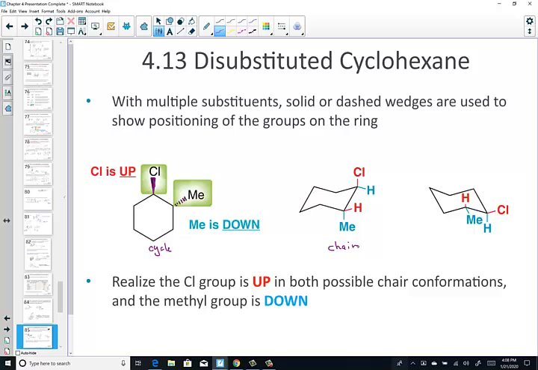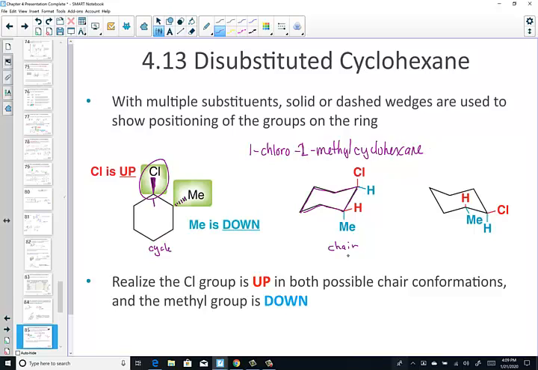So again, with our cyclic structure, I can choose to just draw my parallel lines and create the cyclic hexane. If the chlorine is on carbon 1, we're going to alphabetize the letters. We don't alphabetize numbers. 1-chloro, 2-methyl cyclohexane.